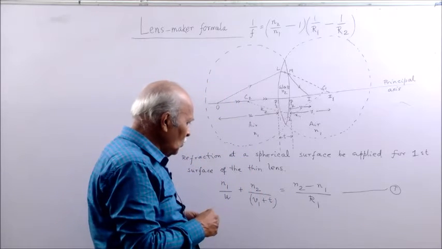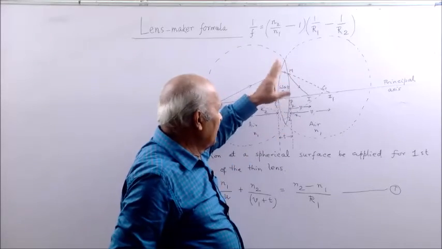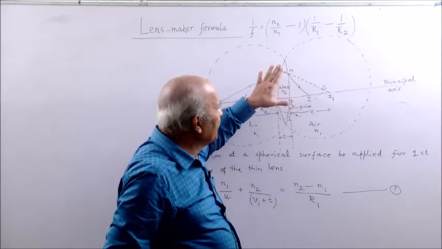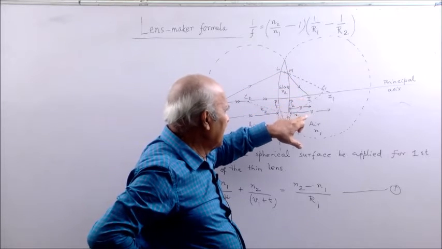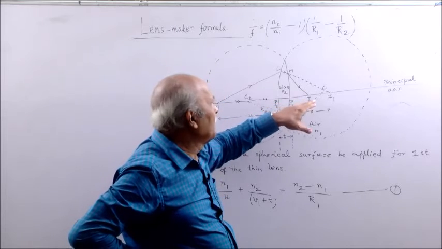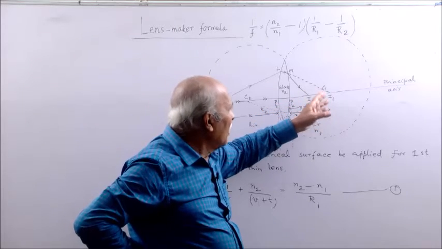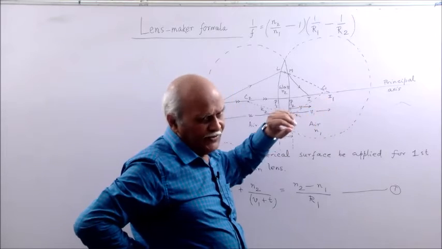Then for refraction at the second surface, we know that the final image is at I, at a distance v from the pole P2, but the object is at I1 in glass.